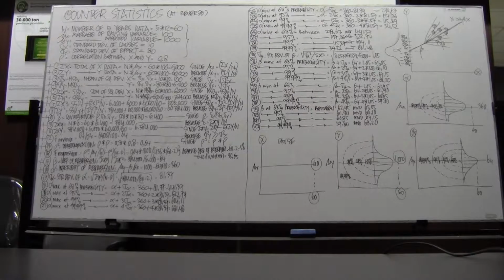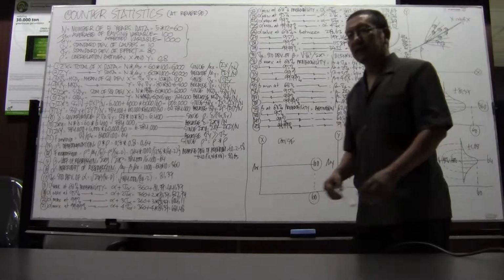Then for the alpha, we have the average of 360 for 60 data, which is corrected by 81.37, and here the slope is corrected by 1.05. So this is all the distribution possible for the data.